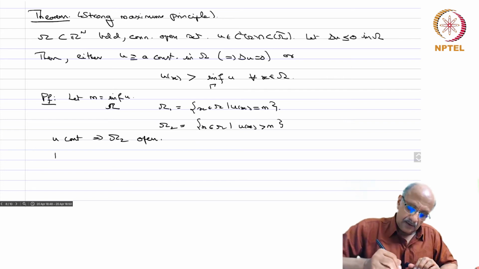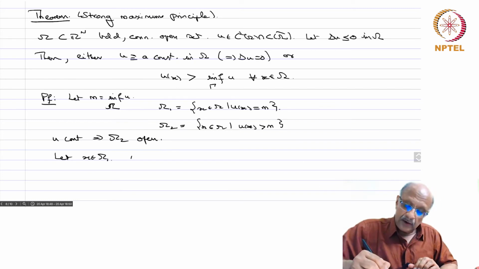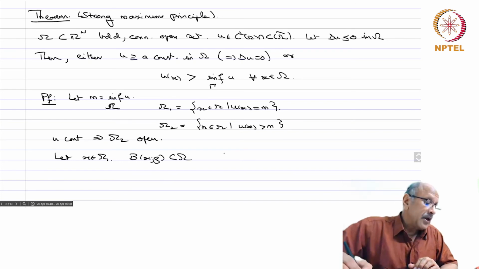So, let x belong to omega 1, and you then have B(x, rho) contained in omega.